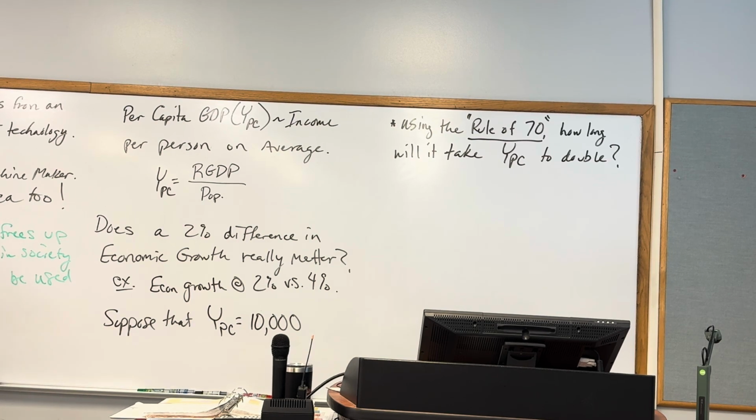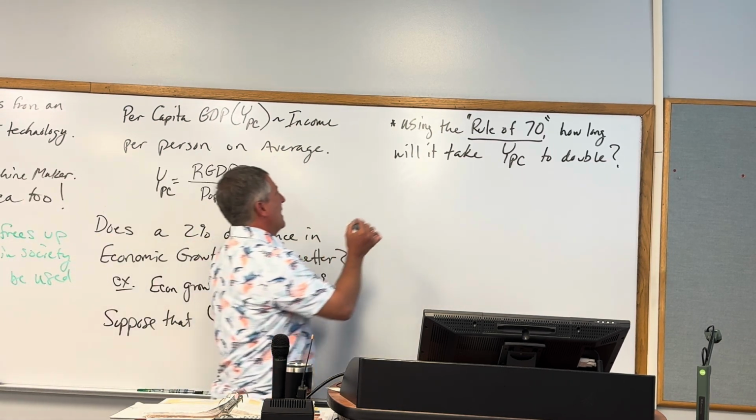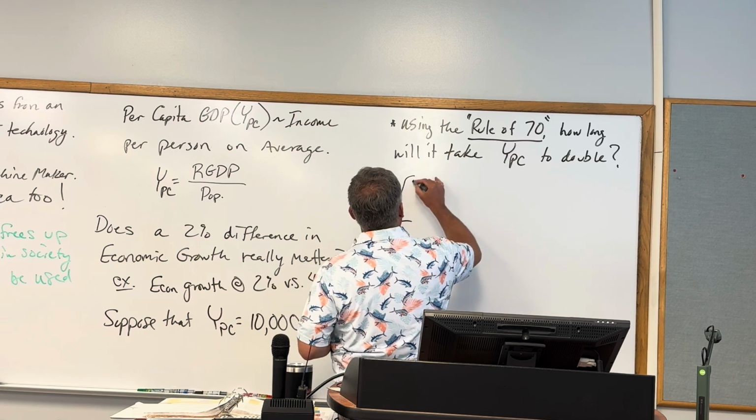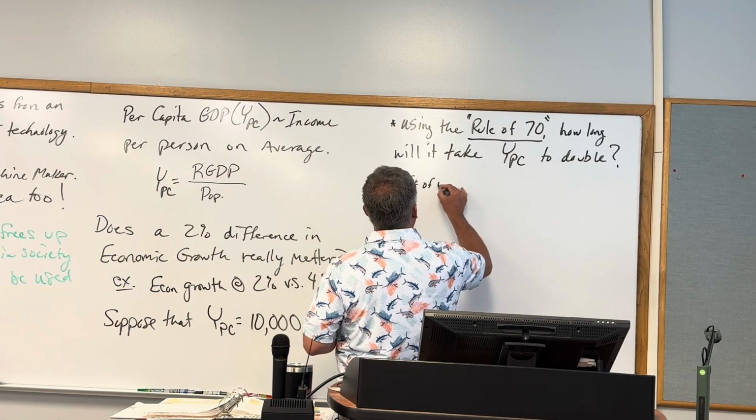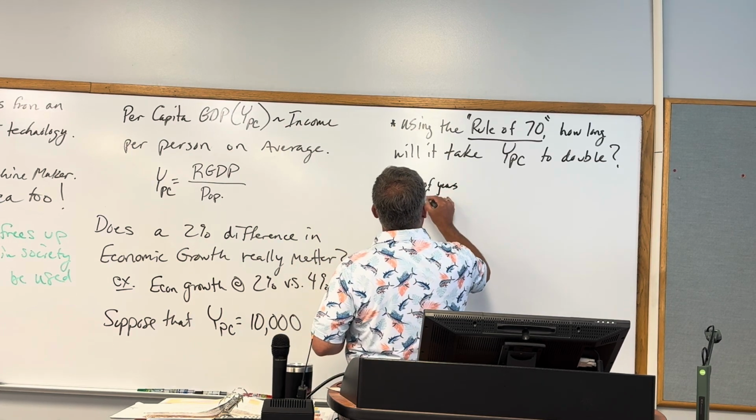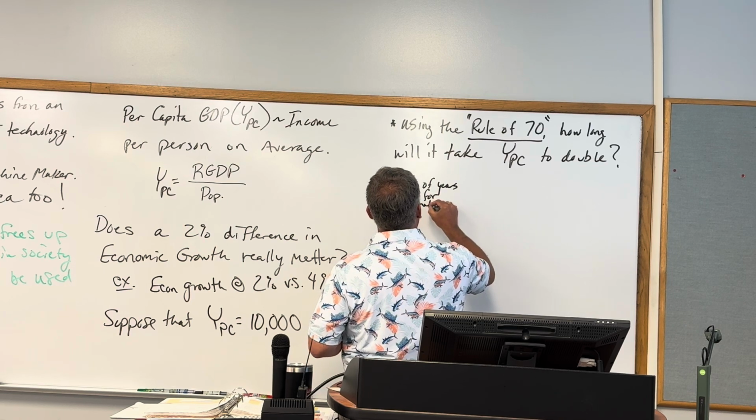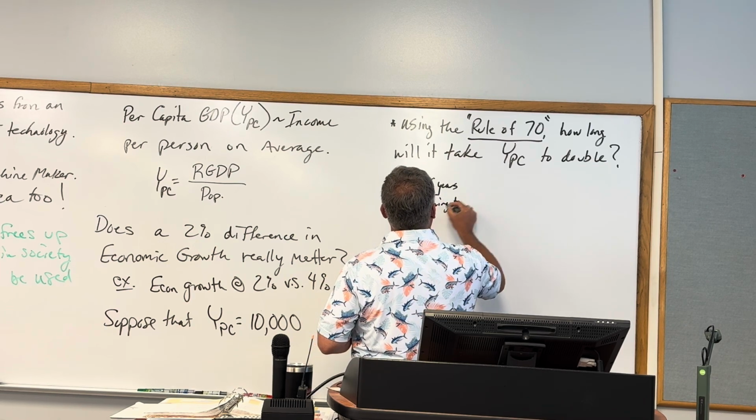All right, here's the rule. The rule of 70 is that it's the number of years for something to double.